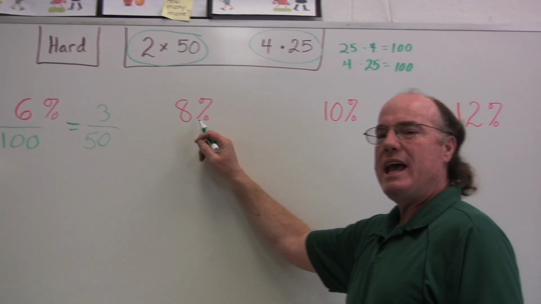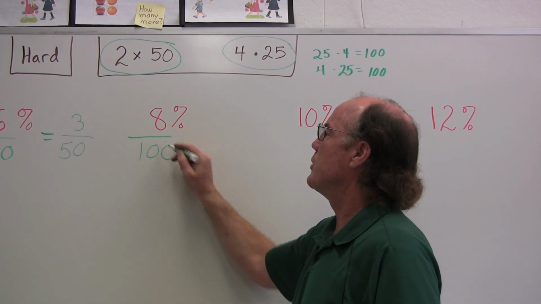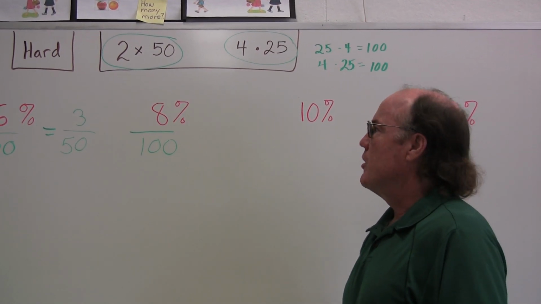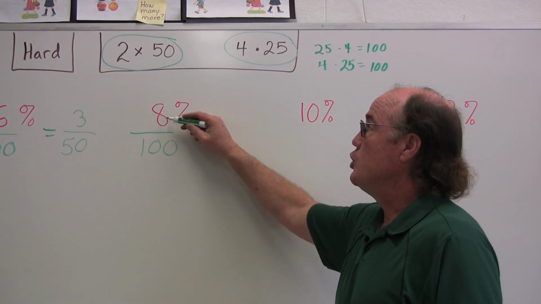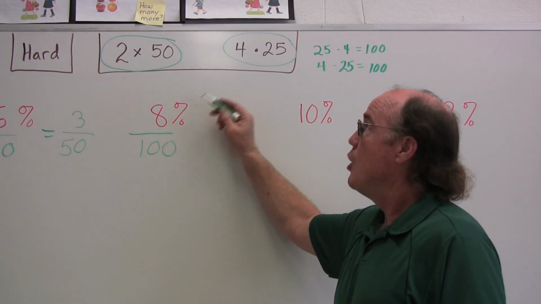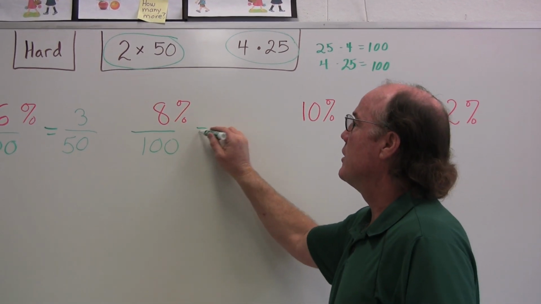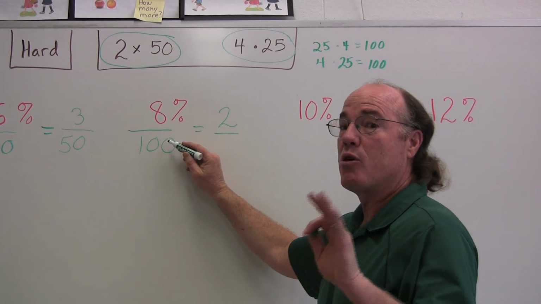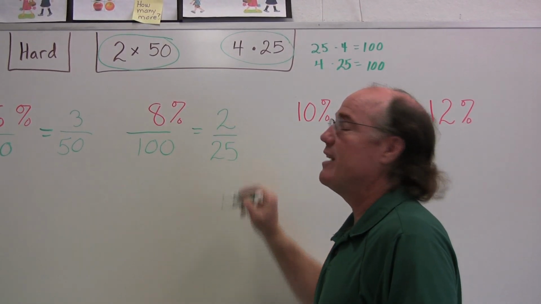Now if we move over to 8%, 8 over 100. All right? What's the biggest number that can go into both 8 and 100? Well, 2 can go into both of these, but 4 is bigger. 4 can go into here twice, and 4 can go into here. Remember, 4 quarters makes $1, 25.